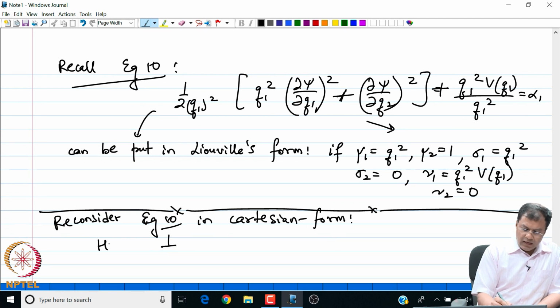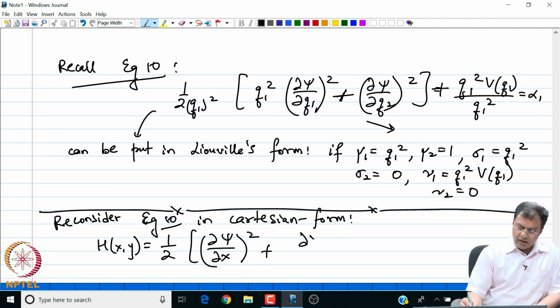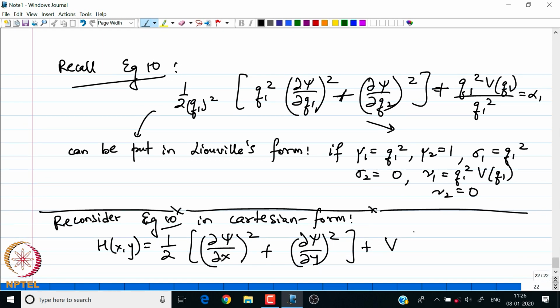My Hamiltonian H of x comma y can now be written as one half del psi del x whole square plus del psi del y whole square plus V of q1. V is a function of q1, but q1 is r, which in Cartesian form is square root of x square plus y square, and this is equal to alpha 1. Notice that the central force V here depends on the square root of x square plus y square.